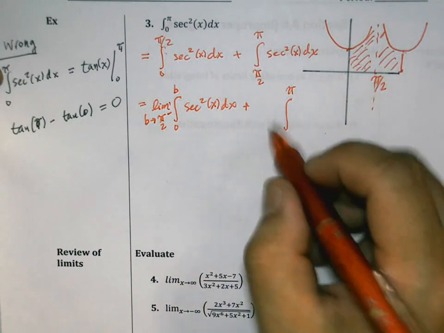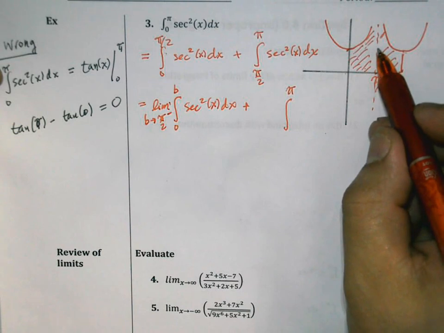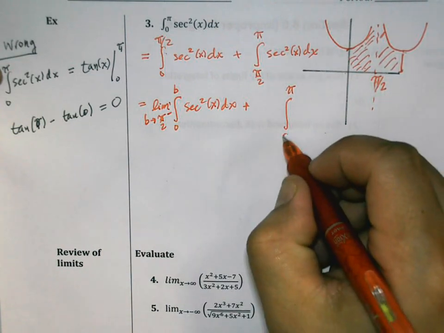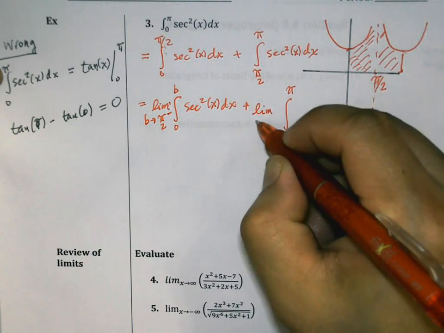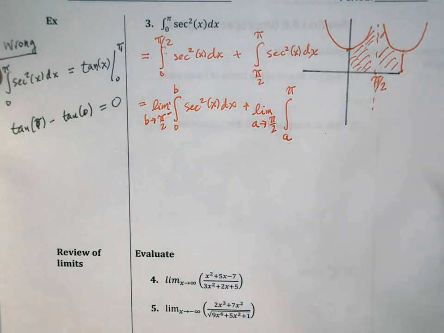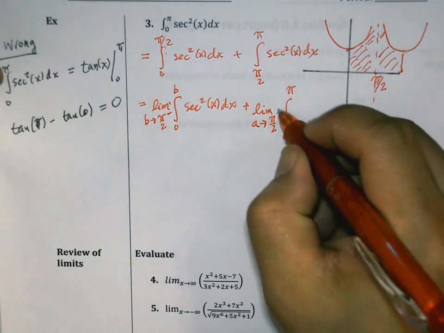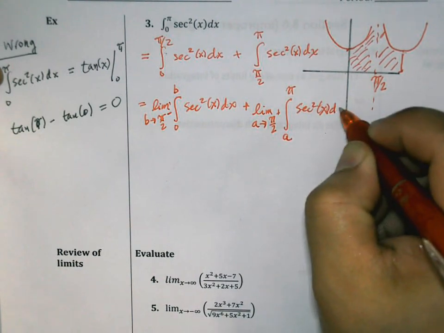No problem here at pi, but at pi over 2 the same thing happens. You can't ever start at pi over 2 because it's undefined there. So this is a, and this is going to be the limit as a approaches pi over 2 from the right of secant squared x dx.